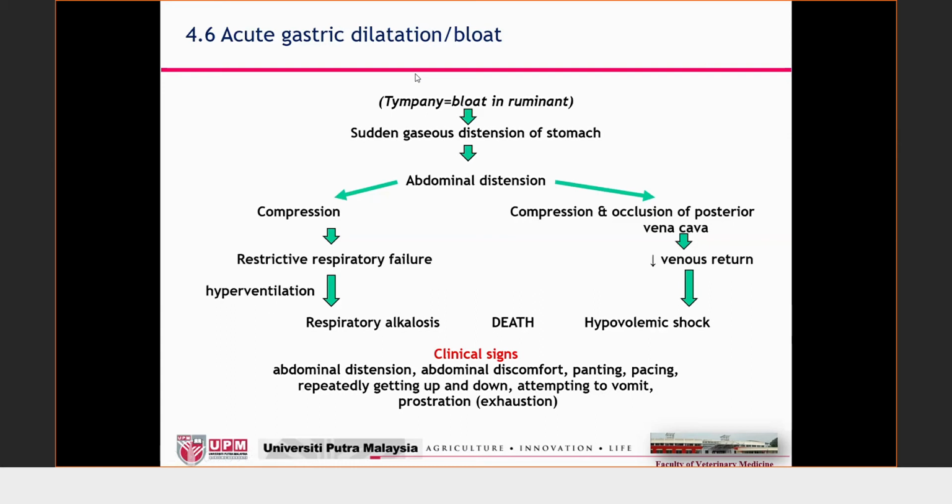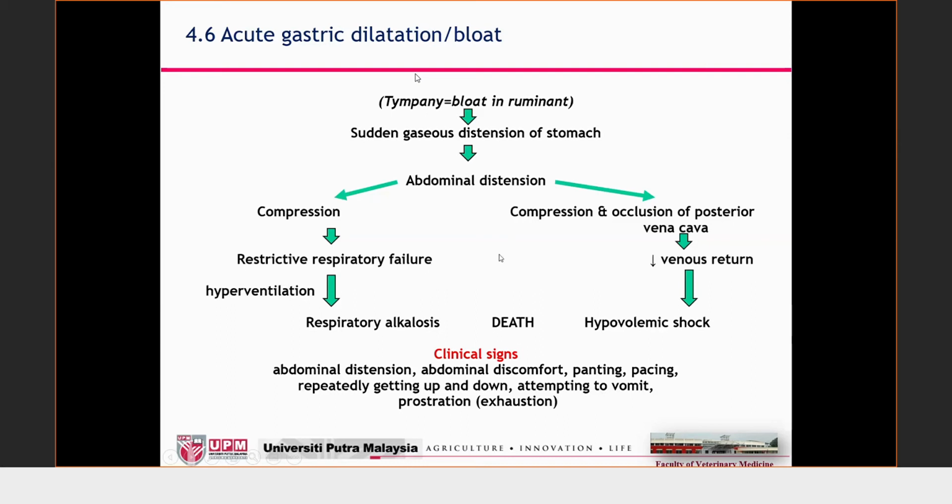So there will be rapid breathing, but it is shallow and rapid breathing, that leads to respiratory alkalosis. Remember, we had metabolic acidosis, and in this case we have a respiratory alkalosis. And then they might lead to death of the animals.